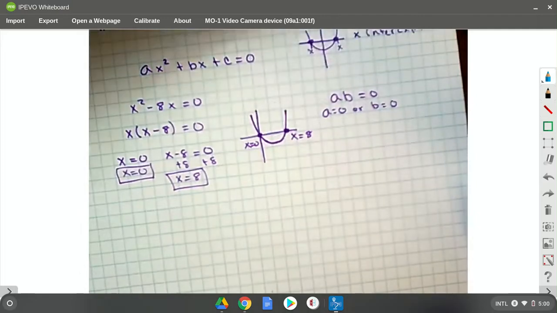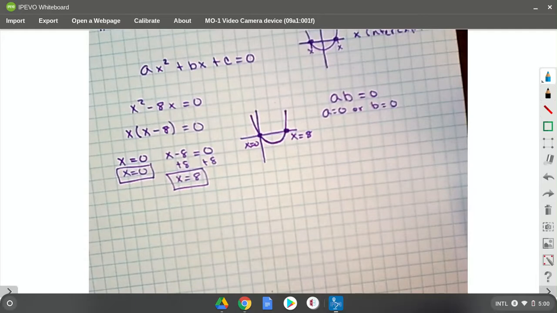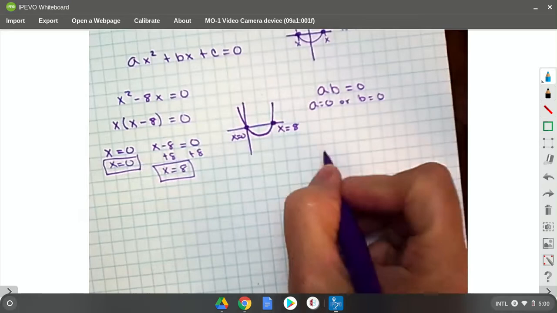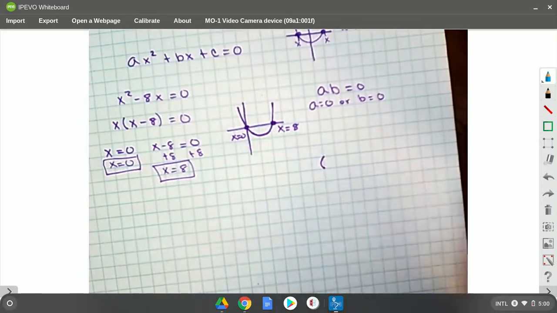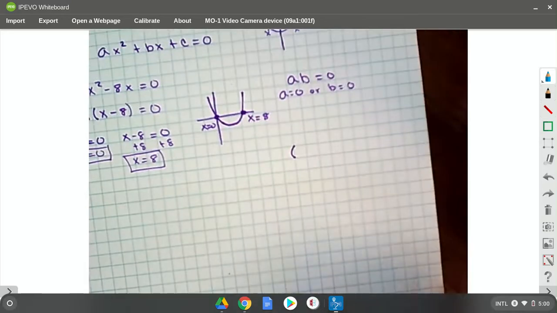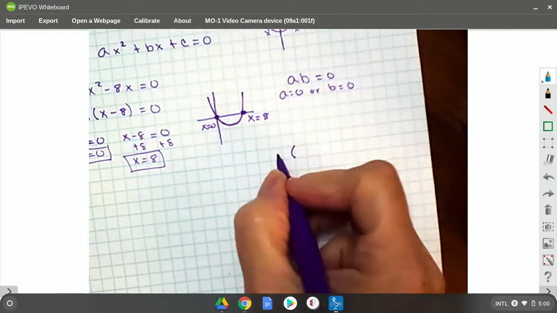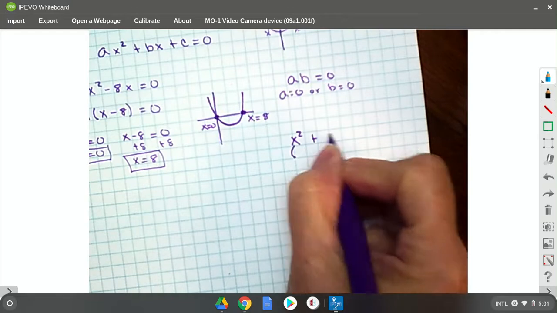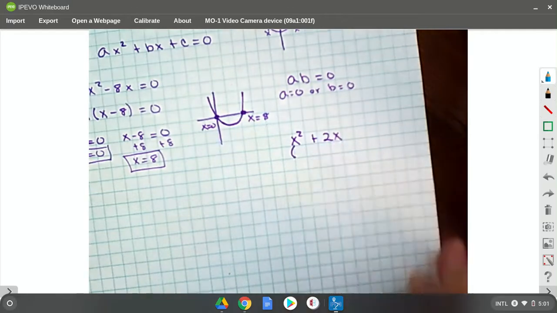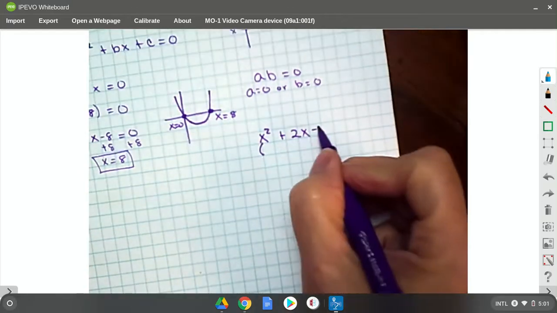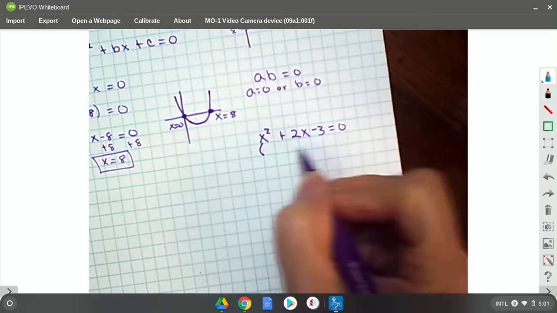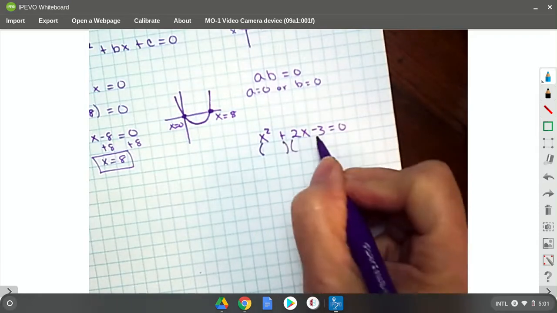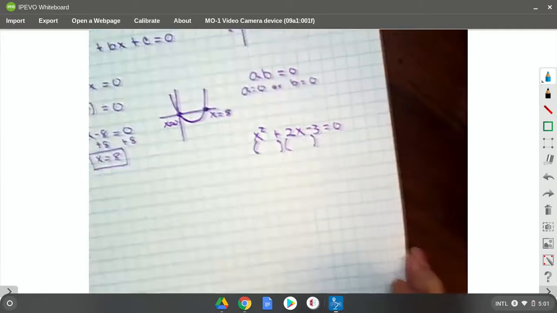Sometimes when we have that trinomial, those three terms, and a is equal to 1, let's say I have x squared plus 2x minus 3 equals 0. I'm going to factor this into two binomials.